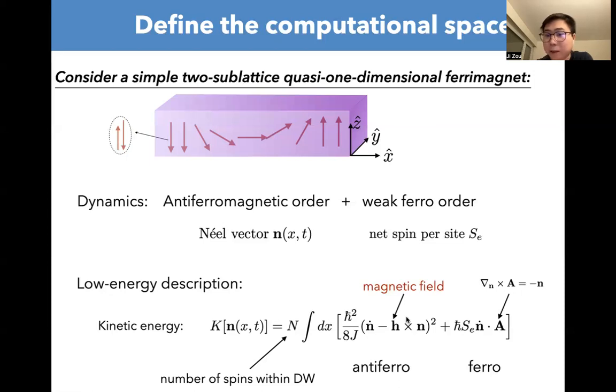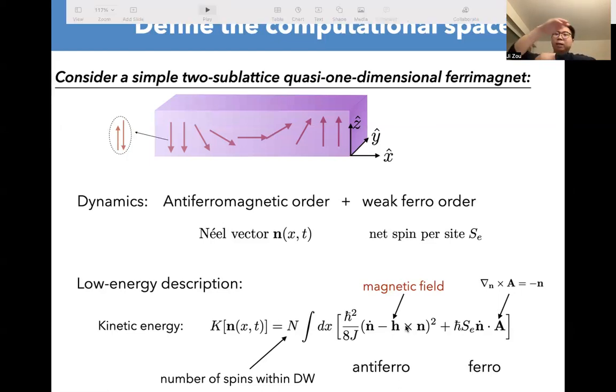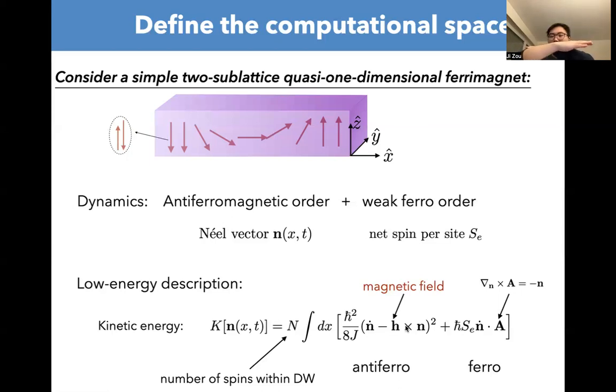The physical meaning of this cross term is very clear because imagine we have an antiferromagnet and we apply a magnetic field. Then this magnetic field would create a net magnetization proportional to this magnetic field. So this net magnetization would accumulate a spin Berry phase in the dynamics, and that is governed by this cross term.